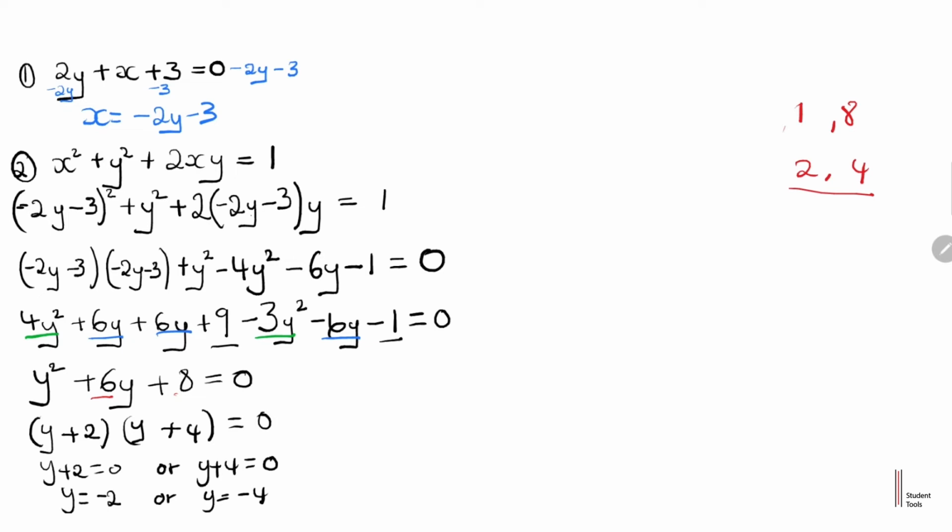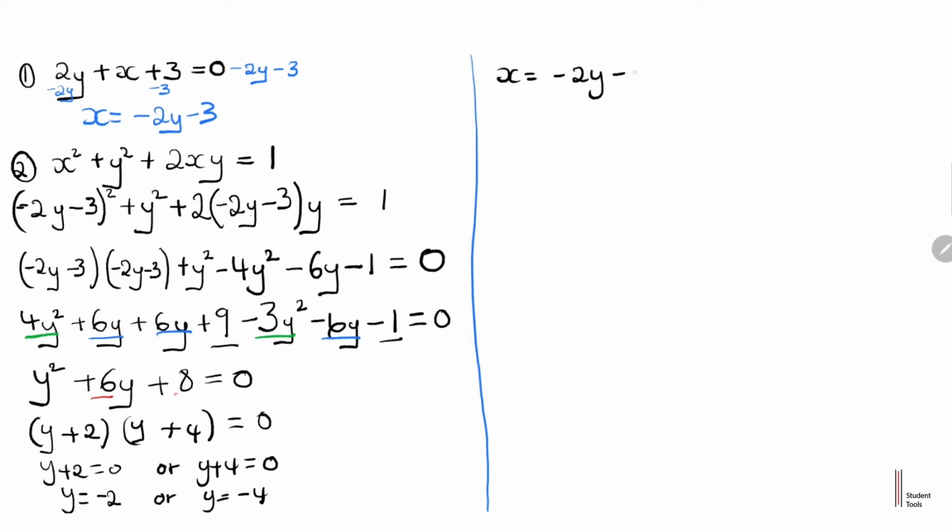Now let us find the two values of x. So to find the x values, we will use the first equation, which we manipulated to x equal to a minus 2y minus 3. So for the first part, we will use y is equal to a negative 2.